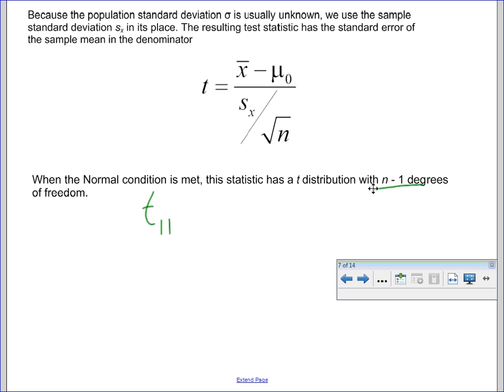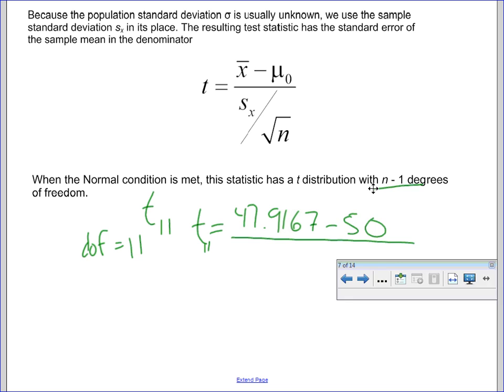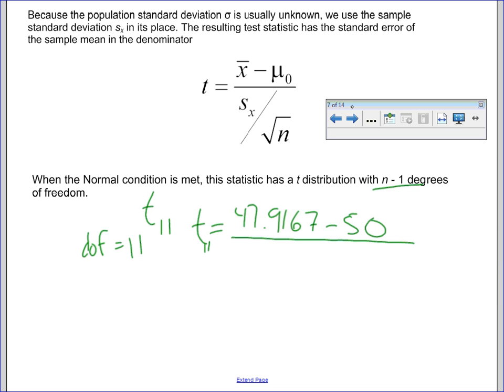And so we would plug in our values here. So t11, degrees of freedom equals 11, is going to be the x bar, which we said was 47.917, minus 50, all over 2.811 divided by the square root of 12.